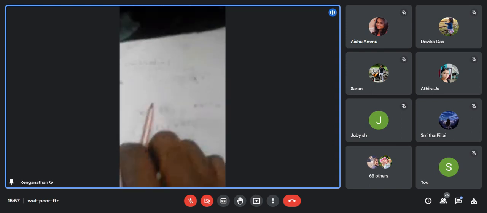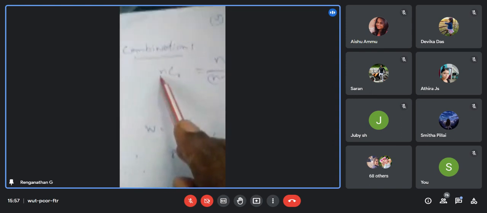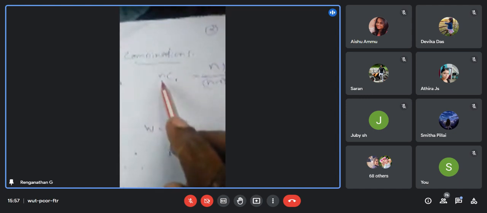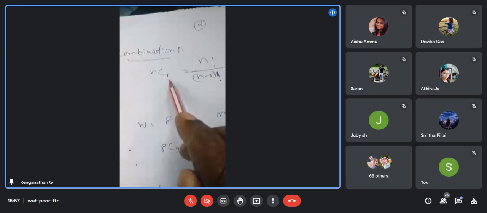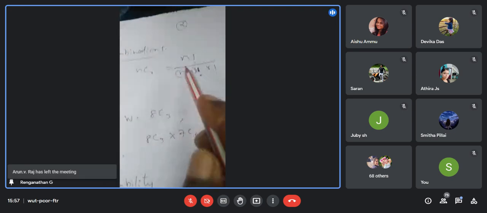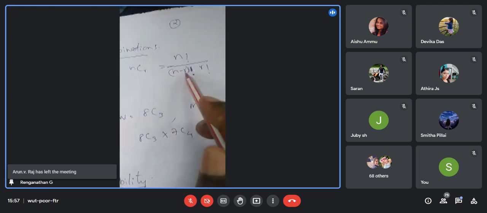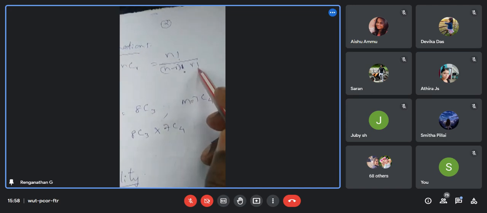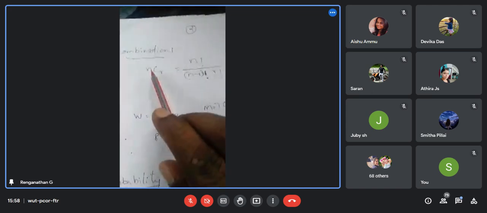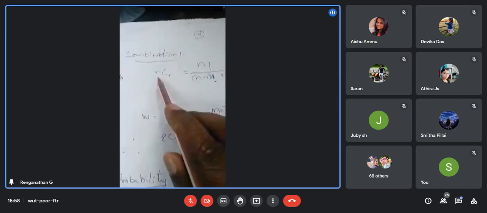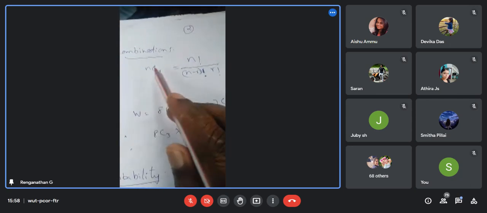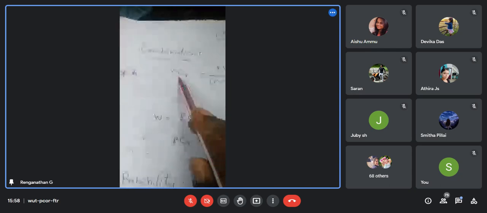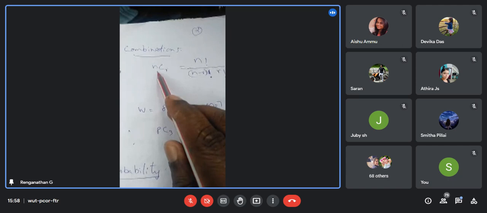So the formula to calculate combination is like this. You have to write down this formula for combination, and after that write this formula: nCr is equal to n factorial divided by (n minus r) factorial into r factorial. n means the number of total objects, r means the objects chosen, and C here means combination.